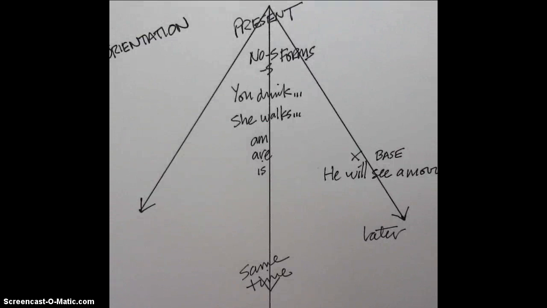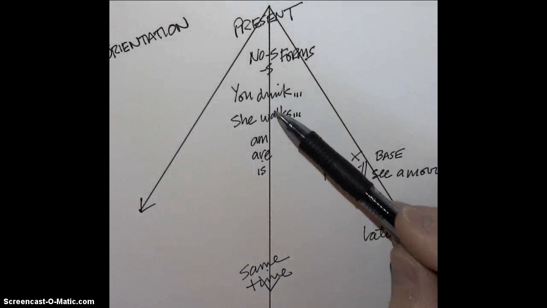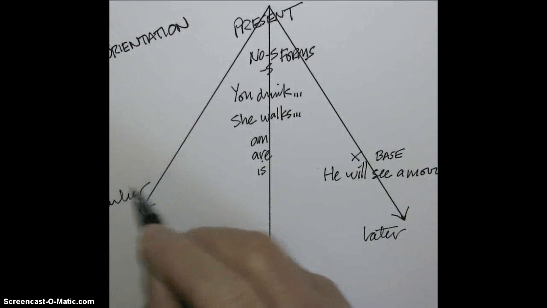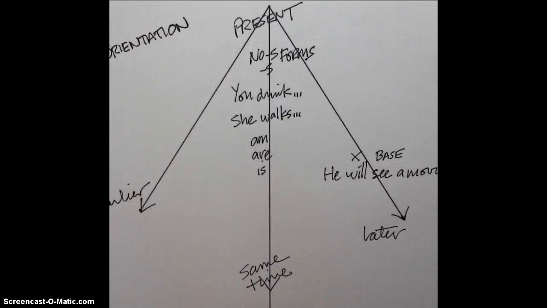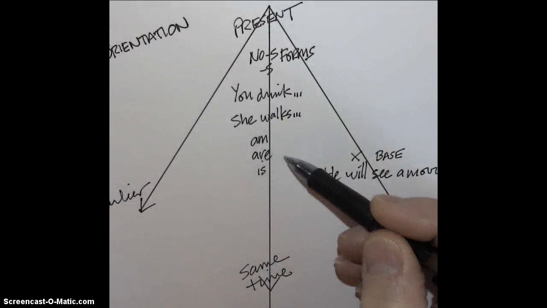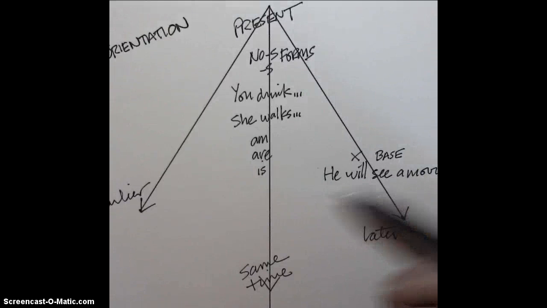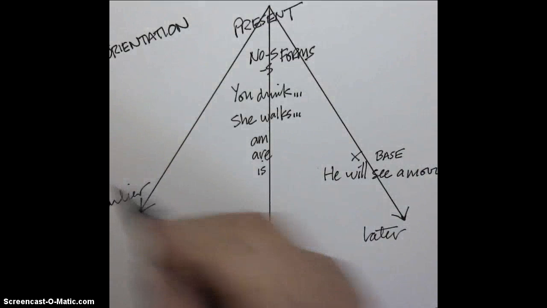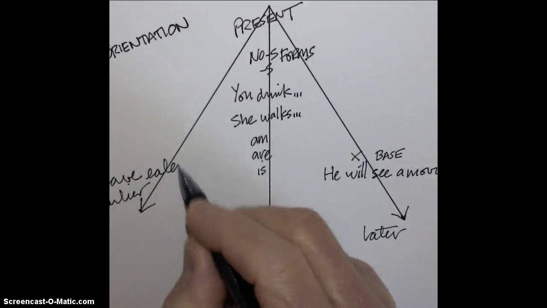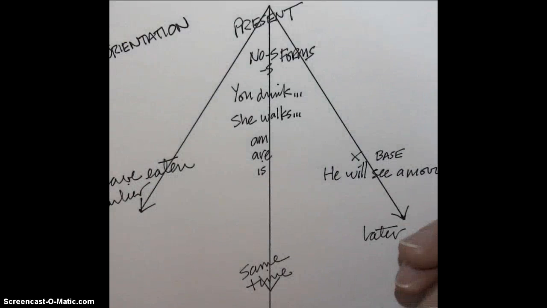Now, I'm still thinking about the present, but for example, I want to talk about something not at the present, but something earlier. So, for example, you could say, you are not hungry now because you have eaten a big breakfast.